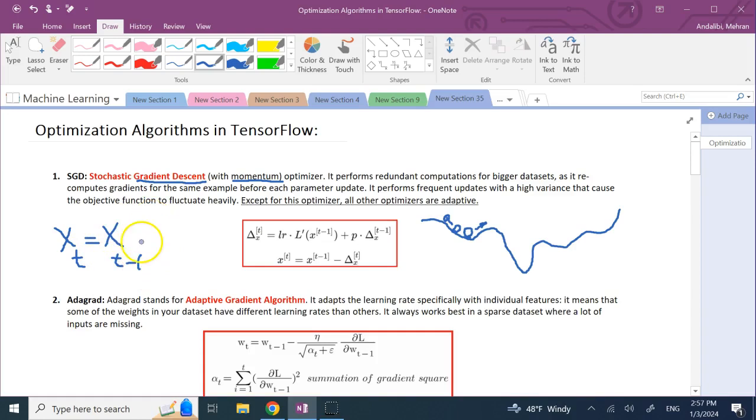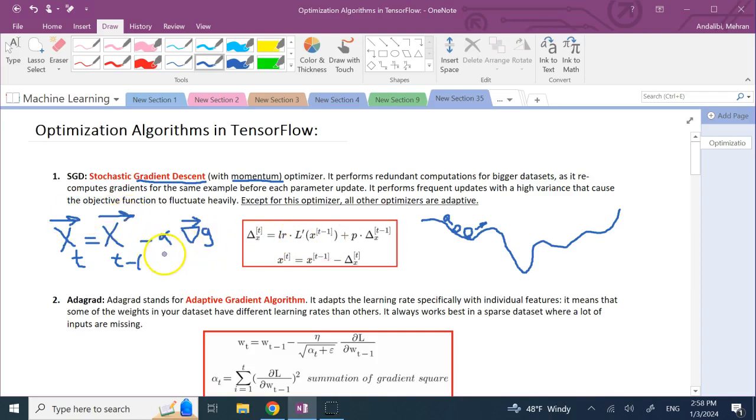That change was negative some learning rate alpha times the gradient of the cost function. If you move in that negative gradient direction, you should be able to update the parameter. This was the simple gradient descent, which, as I said, has the problem of being trapped.